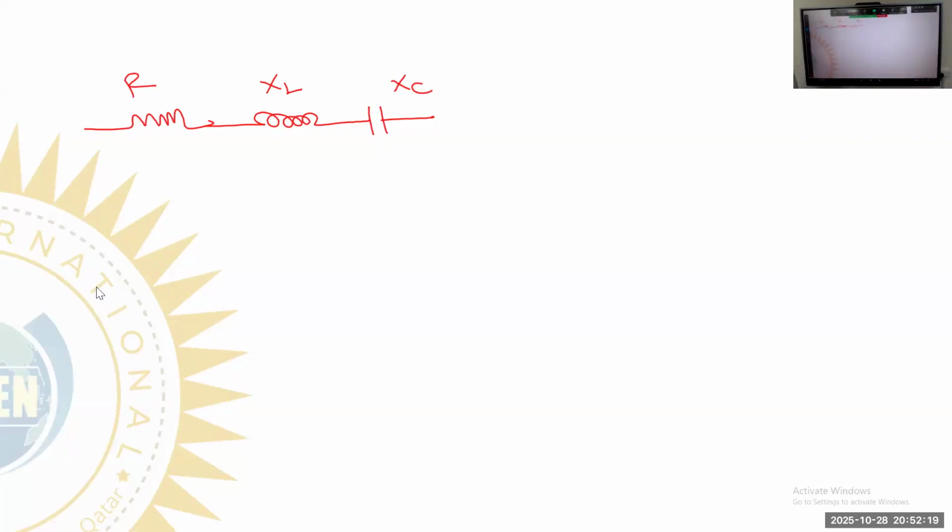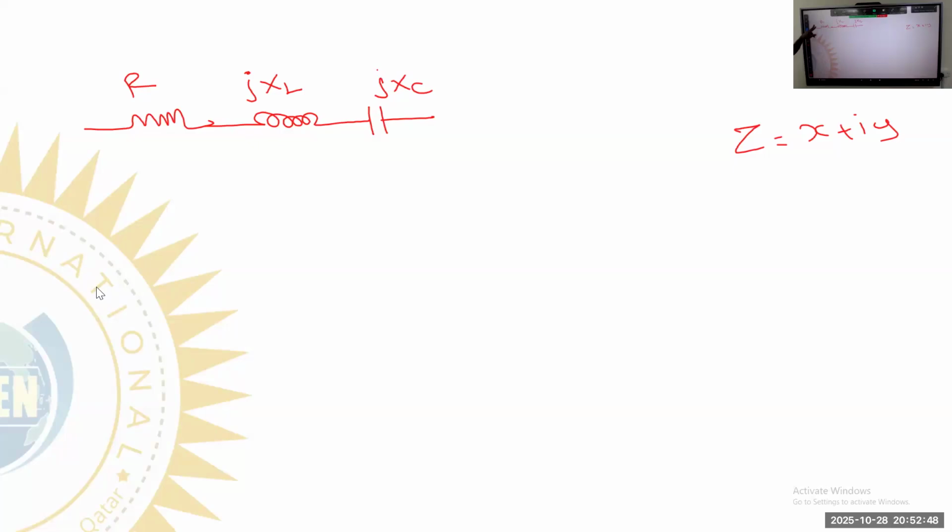So how to represent the imaginary component? In mathematics, we use i. Z is equal to X plus iY. This is what we studied in complex numbers. So X is a real component, Y is an imaginary component. So similarly here, these two are imaginary components. That's why I put the J symbol here, instead of i.